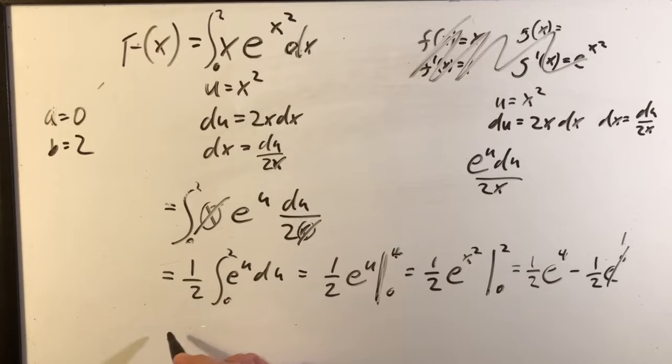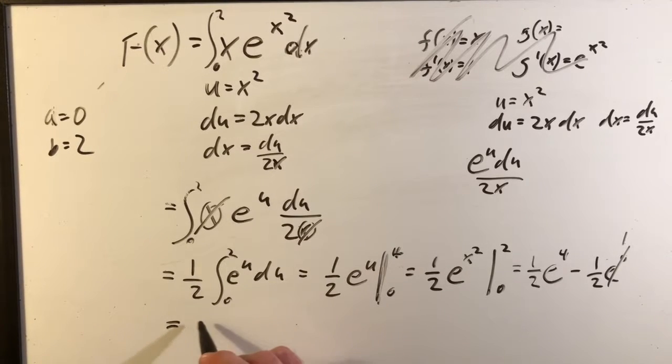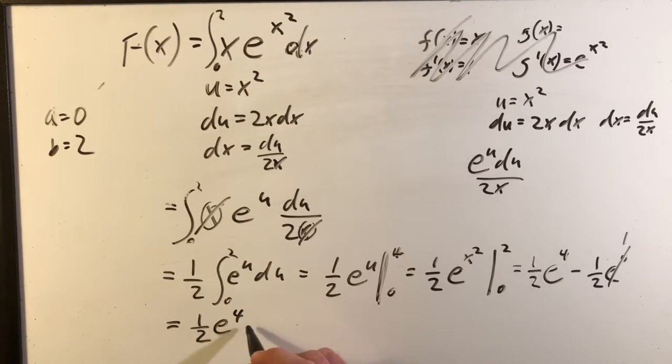And so my integral is going to be 1/2 e to the 4th minus 1/2.